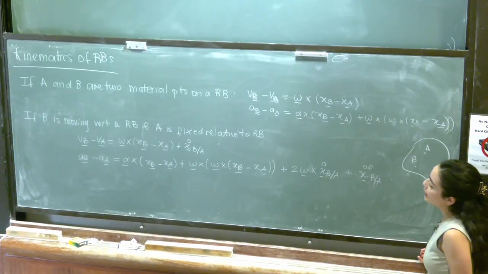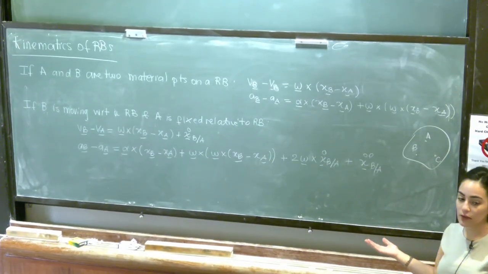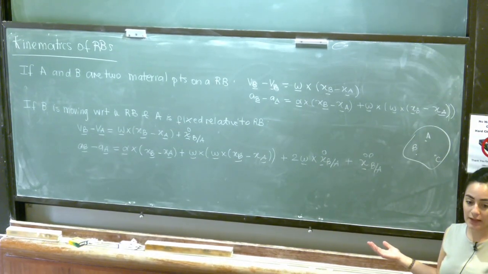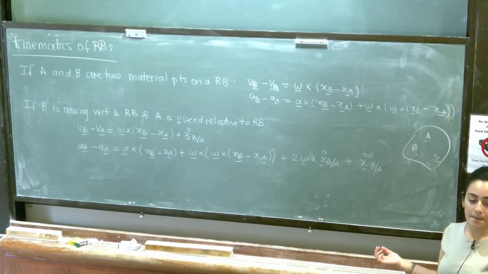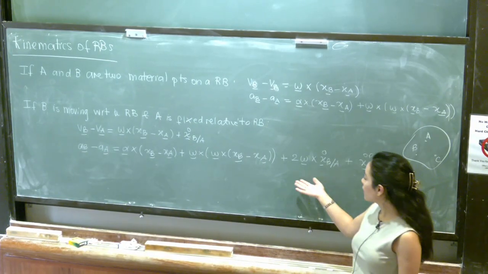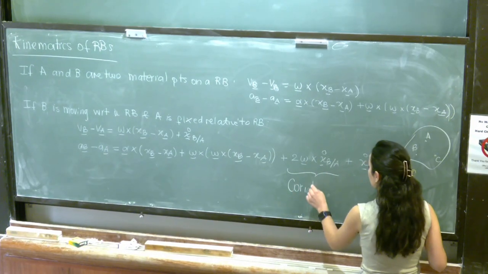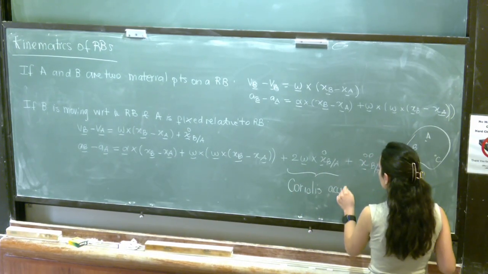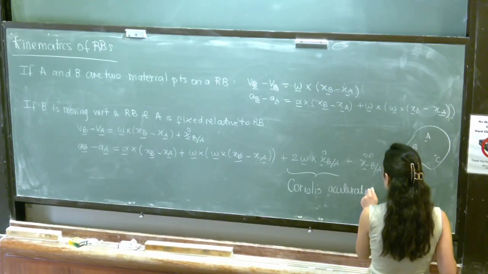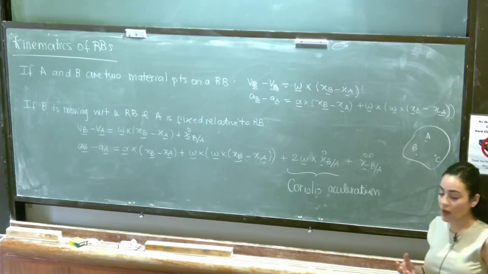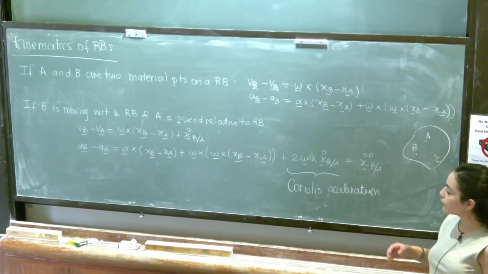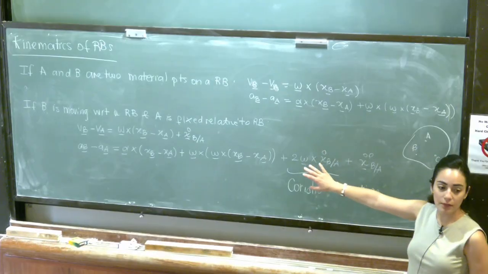Okay? Now here, which term is the Coriolis term? Coriolis acceleration. 2 omega cross, so this is the Coriolis acceleration. Can anyone give us an example where this case applies?